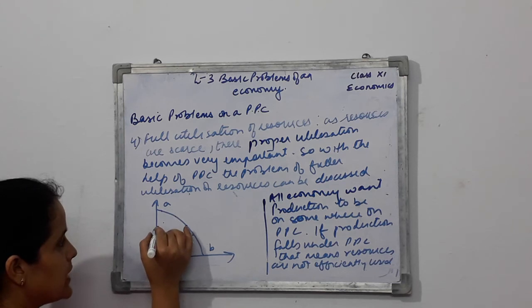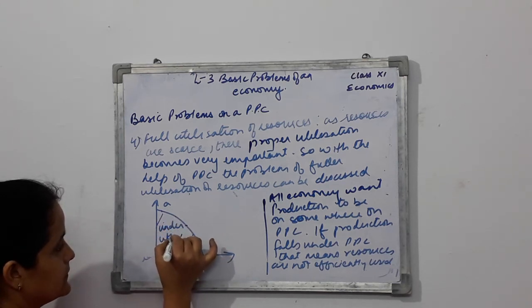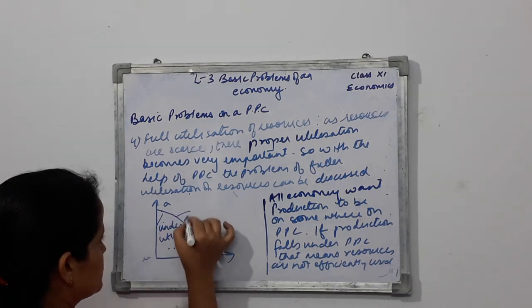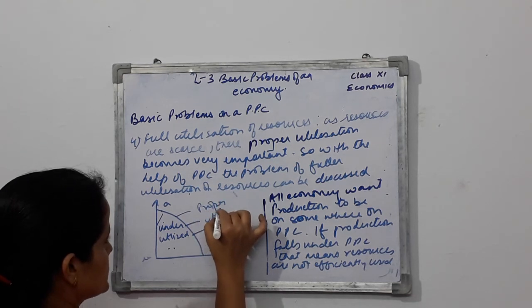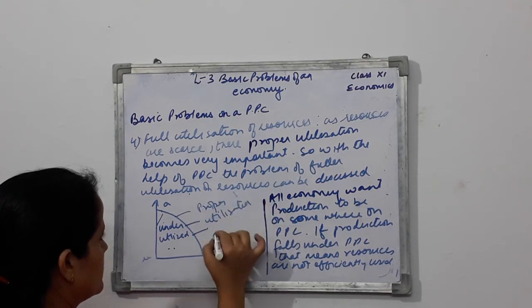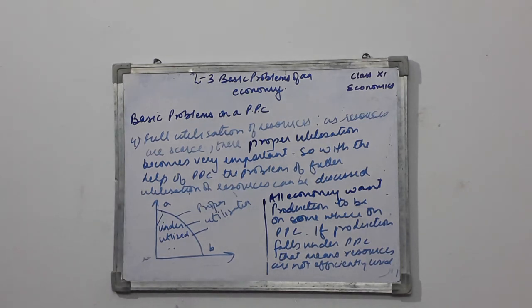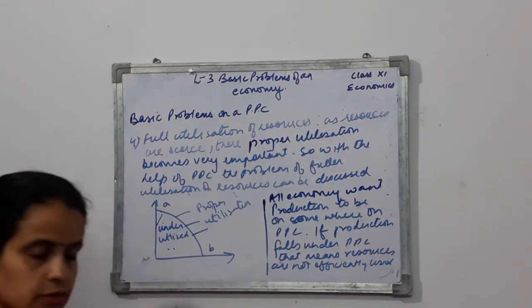That means this part is underutilization, this part is underutilized. And this part is perfect, proper utilization of resources. So another problem that can be shown on a PPC is the problem of fuller utilization of resources. Right?